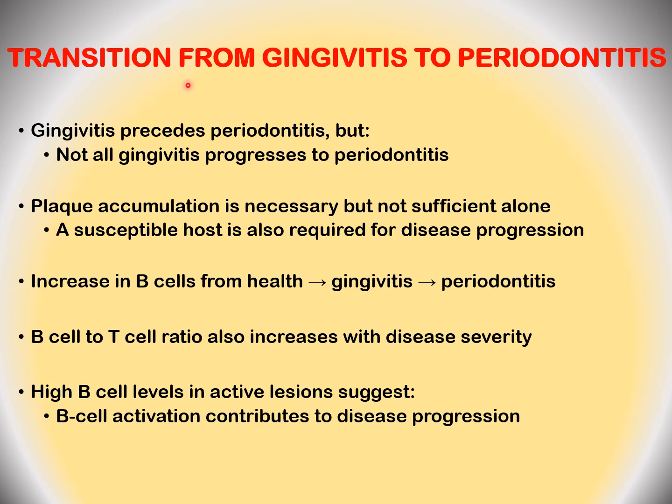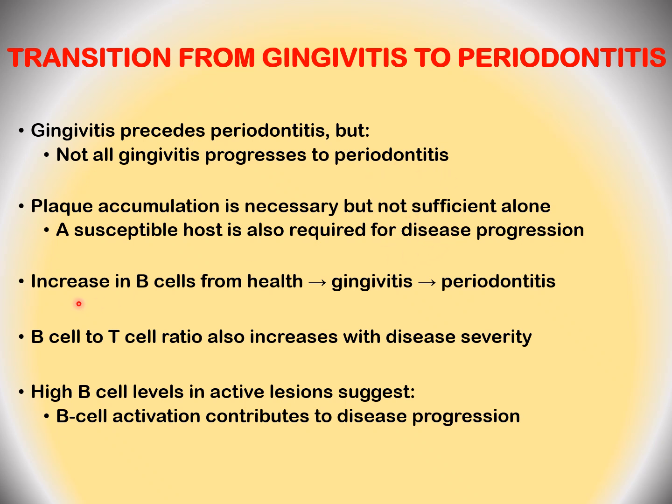So let's understand the transition from gingivitis to periodontitis. Gingivitis always precedes periodontitis, but not all gingivitis progresses to periodontitis. Plaque accumulation is necessary, but it is not sufficient alone because a susceptible host is also required for periodontal disease progression.